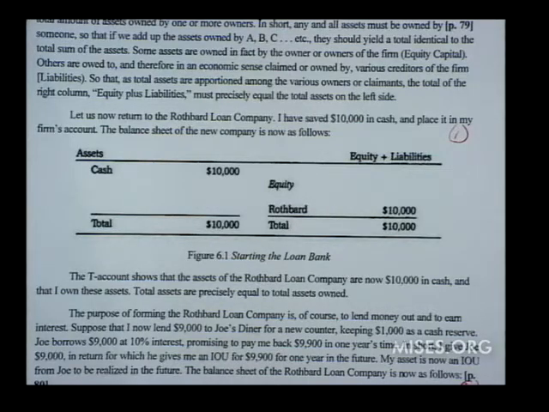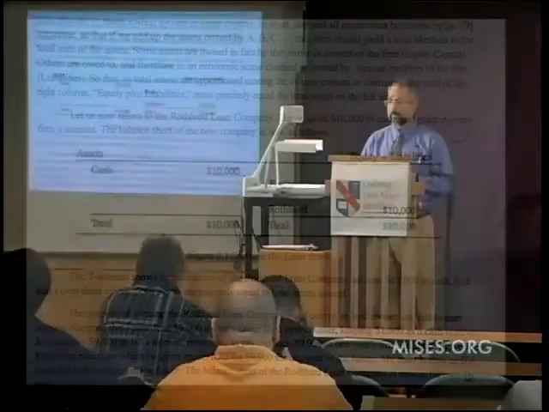Immediately, they have assets on the left side of $10,000. What they've done is divert cash from other uses to begin this bank, so there's been no addition to the money supply. That's a key point.